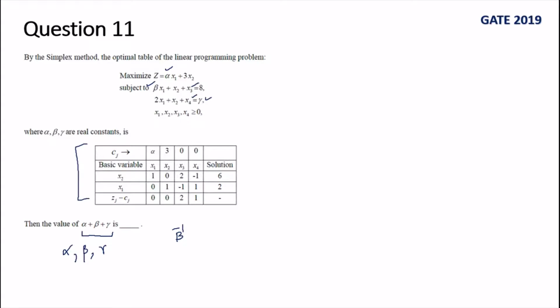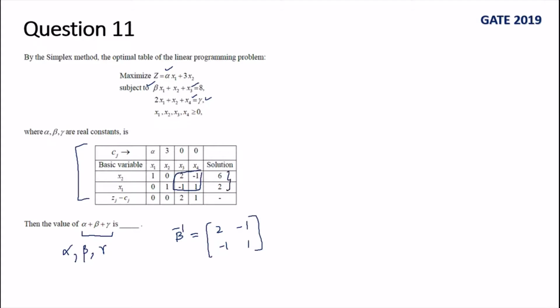Starting basic variables are the slack variables, which form the identity, so x3 and x4 are the starting basic variables. That means their columns form B inverse. So this is our B inverse: 2, -1, -1 and 1. To read B inverse, take the columns of the starting basic variables, the slack variables, from the optimal table in the same order.